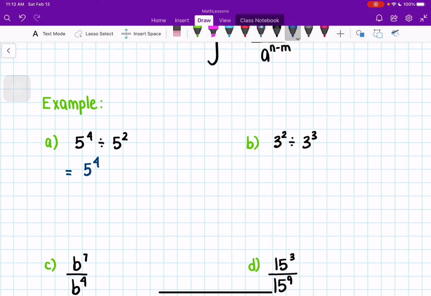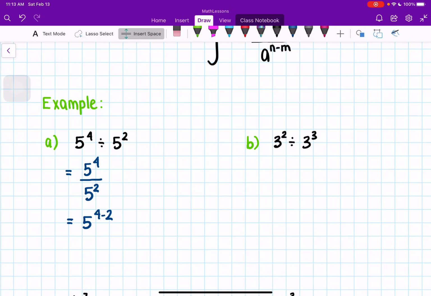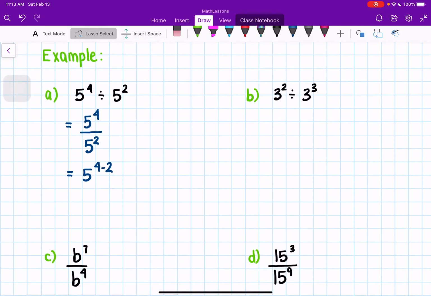I'm just going to rewrite it in fraction form. And now I can see the power is greater at the top, so my base stays in the numerator, at the top, and I have to go 4 minus 2. And we know that that is then going to give me 5 squared.